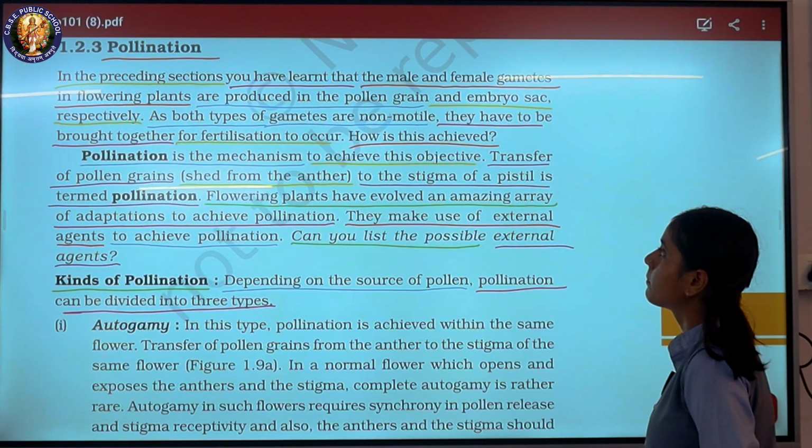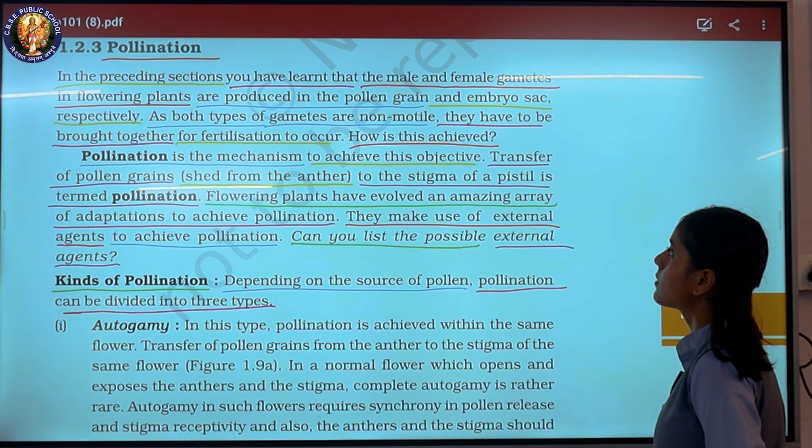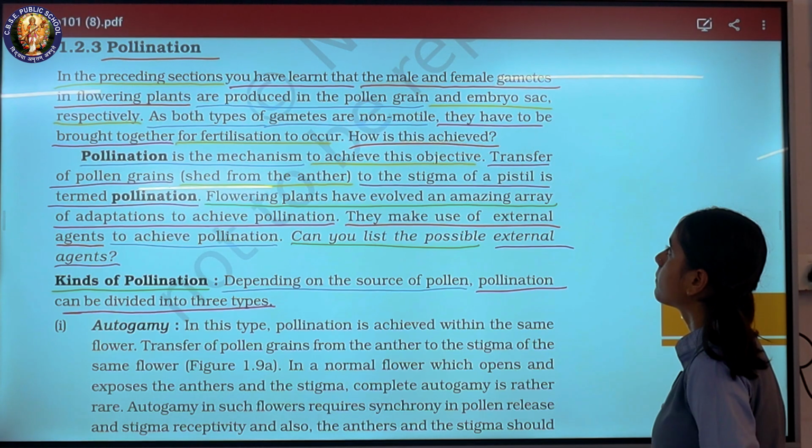Pollination. In the preceding sections, you have learned that the male and female gametes in flowering plants are produced in the pollen grain and embryo sac respectively.